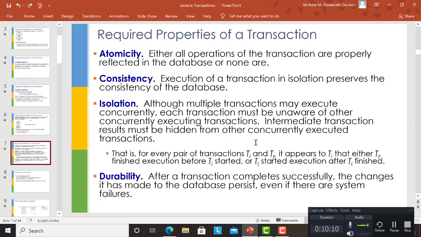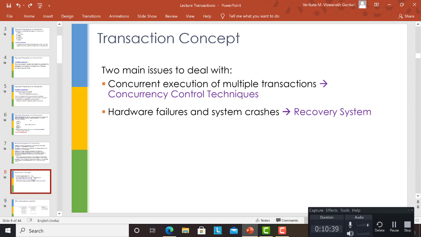So this whole isolation requirement is ensured by the concurrency control manager of your database system. So we'll cover isolation again. I cannot cover all the concurrency control techniques which are there, but hopefully we will be able to cover the most basic ones. Okay, let's go forward.